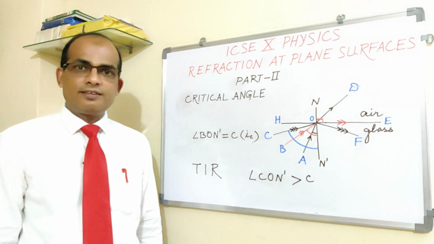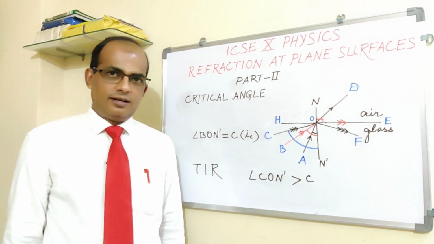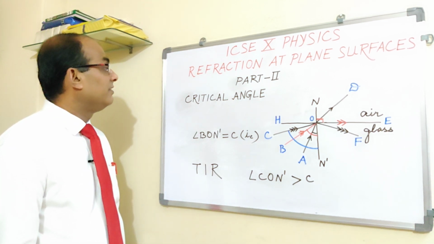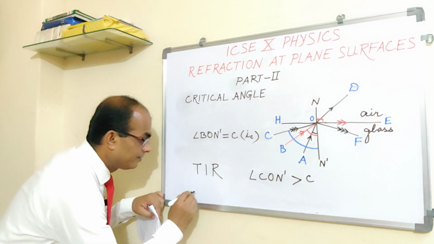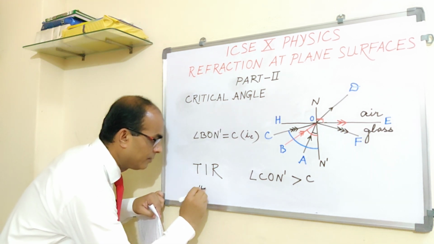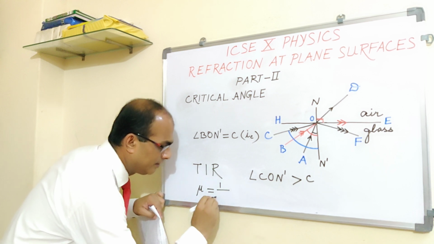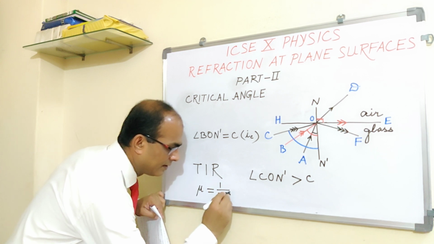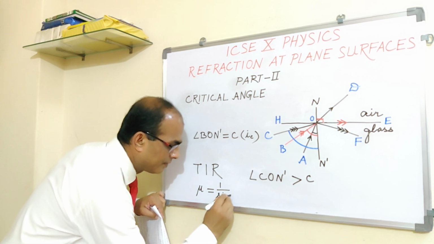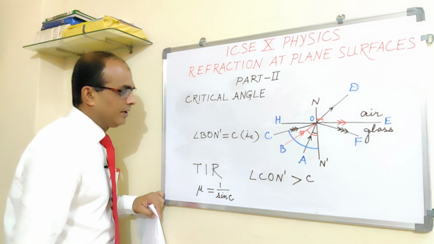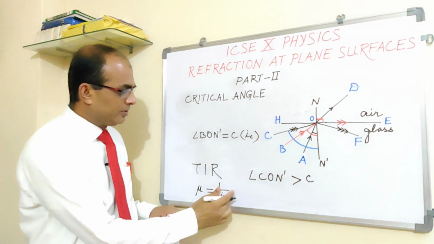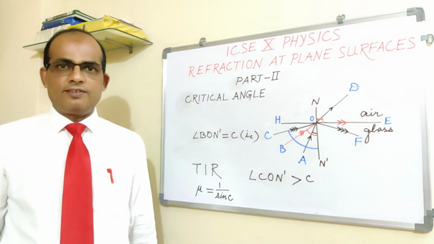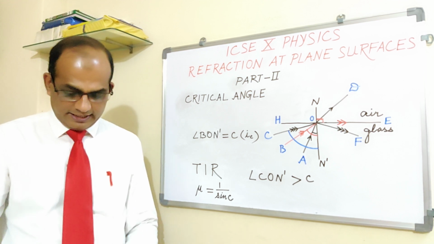Mu, the refractive index, and C. Alright, a very simple and important relation is mu is equal to 1 upon sine C. Mu is equal to 1 upon sine C, or you can write down 1 upon sine C as cosec C. So mu is equal to cosec C, or mu is equal to 1 upon sine C. Alright.